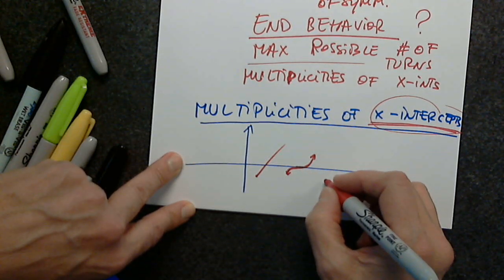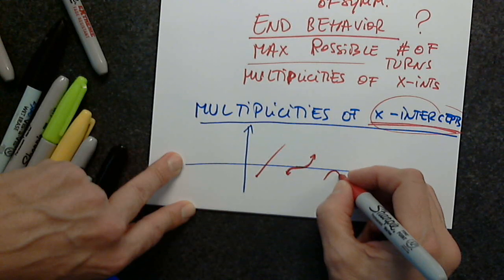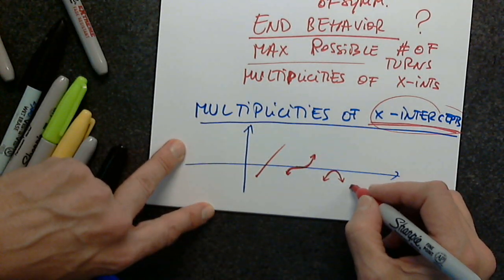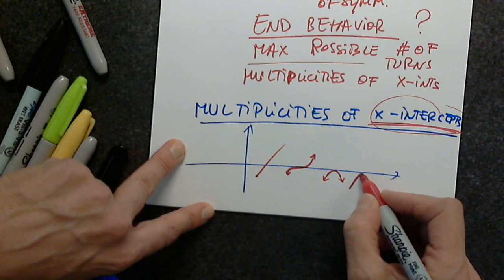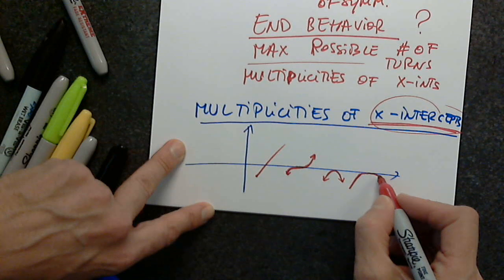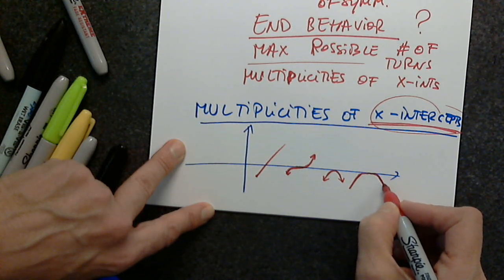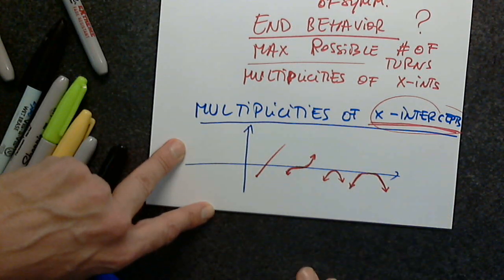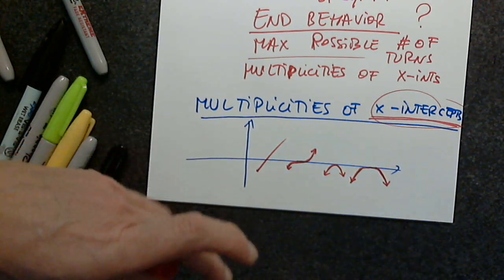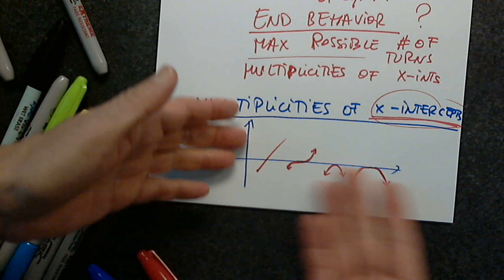And here's another possibility. And here's another possibility. And I can go on forever, right? Flatter even, and so on. So now, what does this all mean?